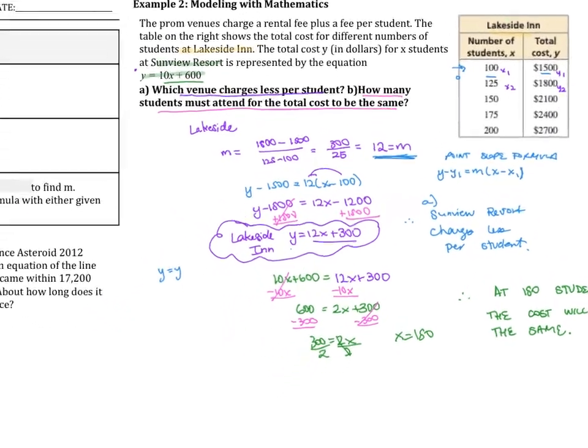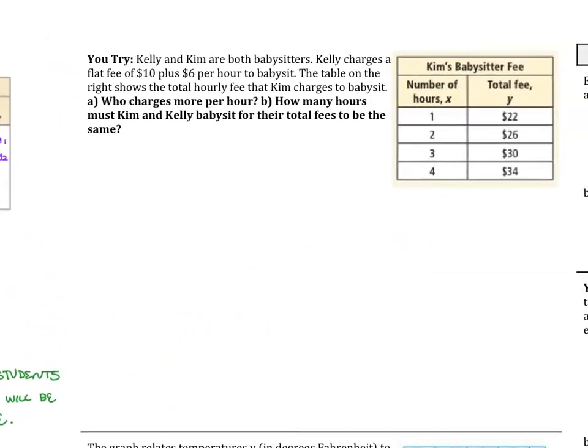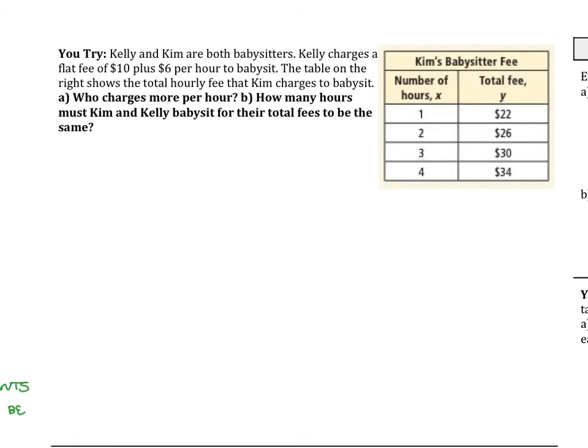Now I want you to practice one. I'm just going to practice one for now, and it has smaller numbers. Kelly and Kim are both babysitters. Kelly charges a flat fee of $10 plus $6 per hour to babysit. Then we're looking at Kim, and these are her babysitter fees. Just like the other one, you want to write an equation first, given the table, and then compare.